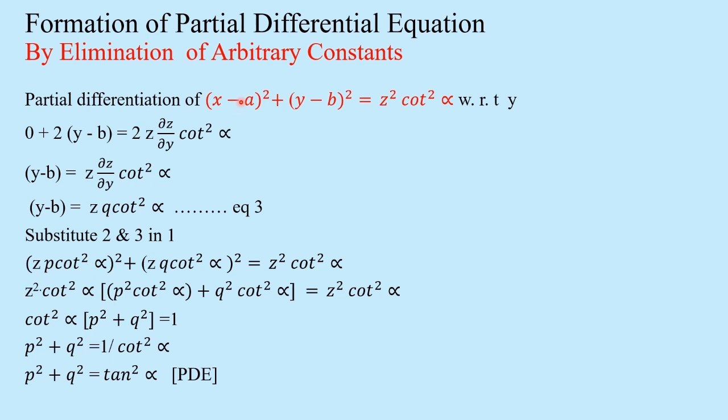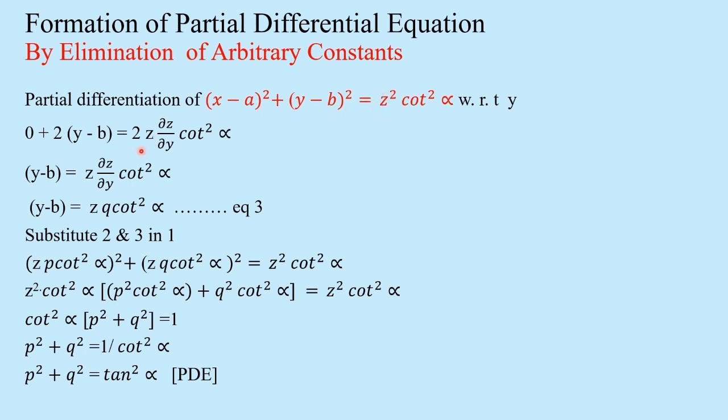Now partial differentiation of this equation with respect to y. Here this is x. So when we differentiate with respect to y, this x will become 0. So the whole term will become 0. And here it will become 2 into y minus b. And then again differentiation of y is 1.